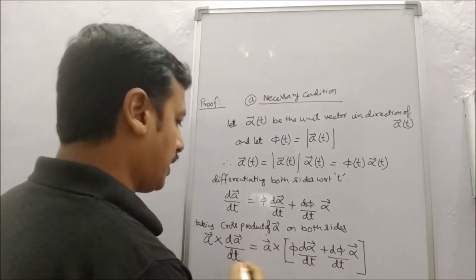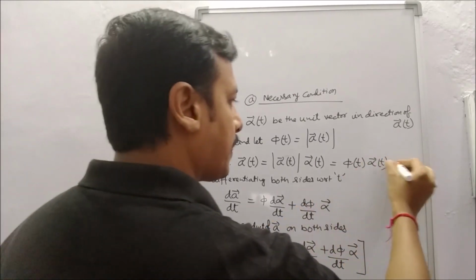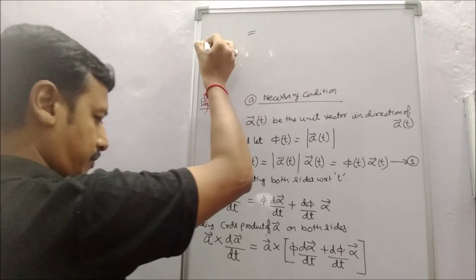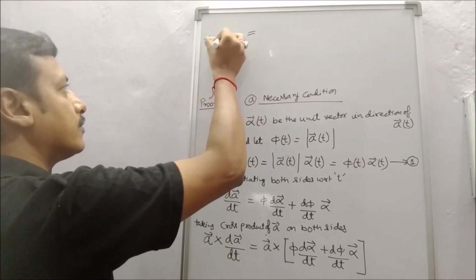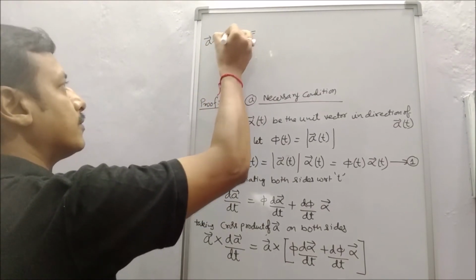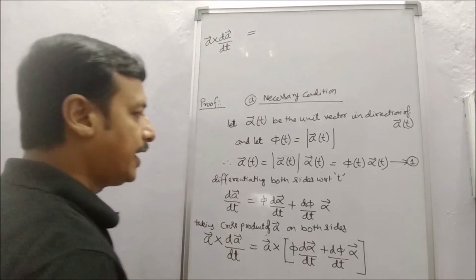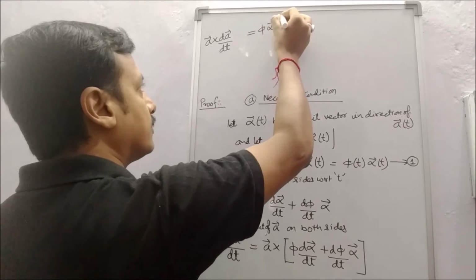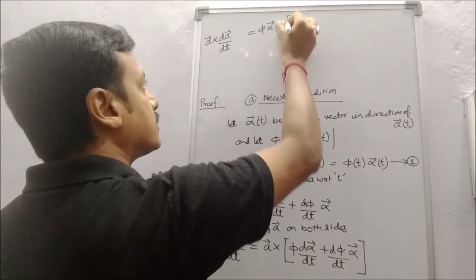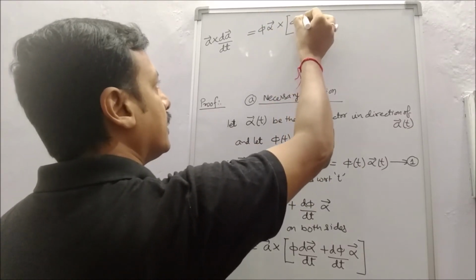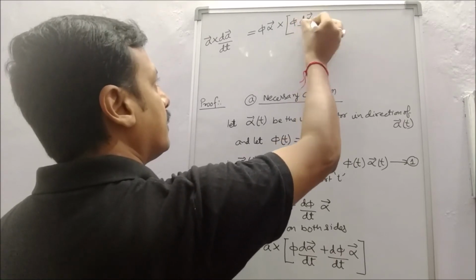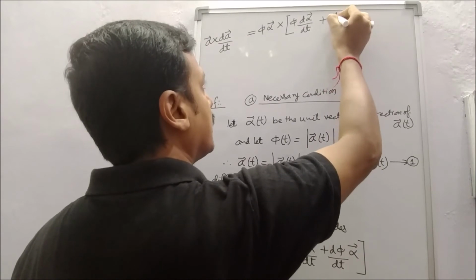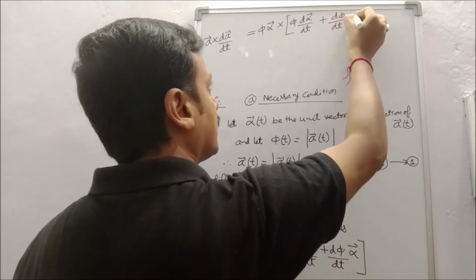So what is the value of A? The value of A is phi into alpha, cross phi d alpha by dt plus d phi by dt into alpha.